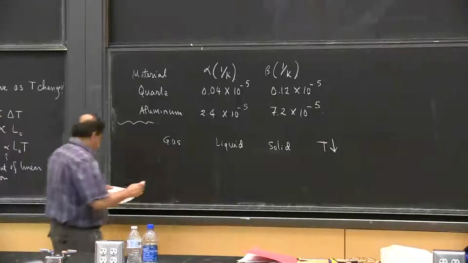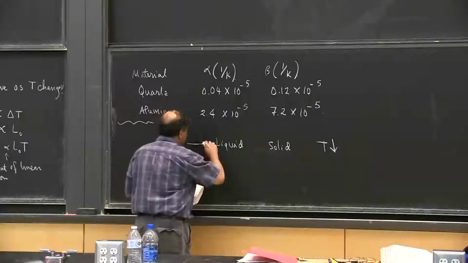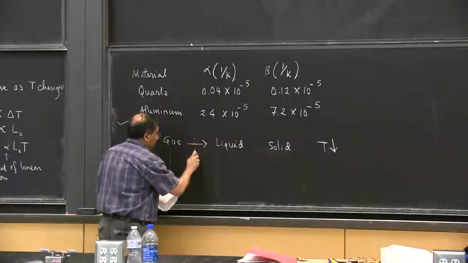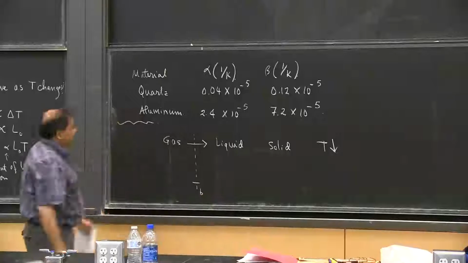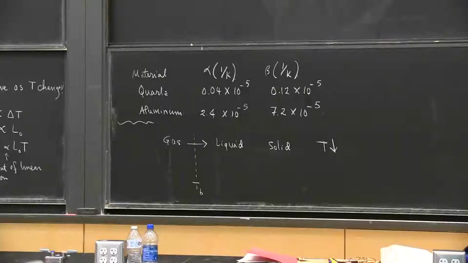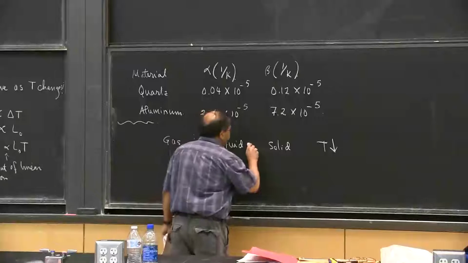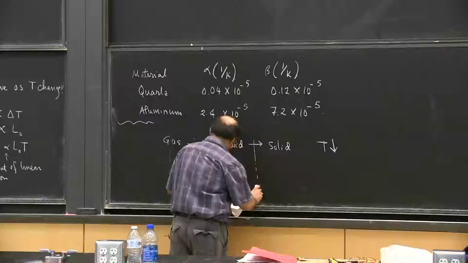One of the things we discussed is that the gas to liquid transition happens at the boiling point. We call it TB. TB is the temperature at which you go from a gas phase to a liquid phase, or alternatively from a liquid phase to a gas phase, depending upon which way you are going. And this would be the melting temperature, Tm.